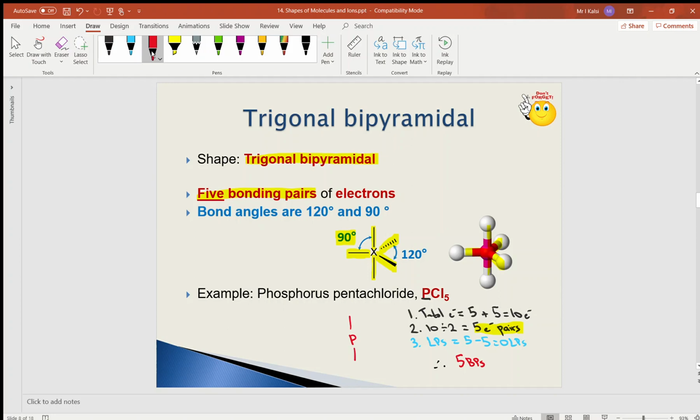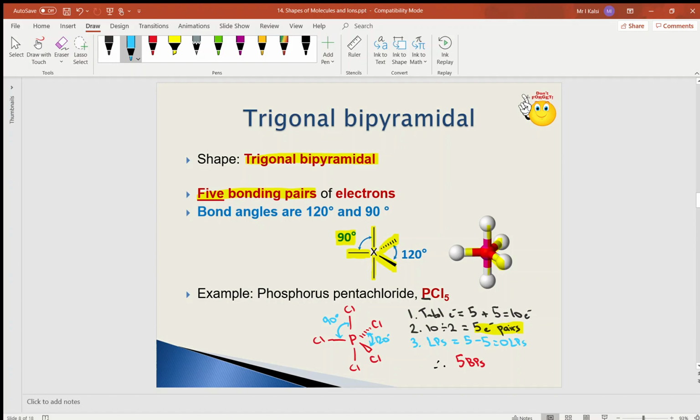These are where my 90 degrees bond angles are, and then we need to draw this trigonal plane arrangement that we get in the other plane. Put chlorines around it like this, and then label my 2 bond angles, so 90 degrees there and 120 degrees here.